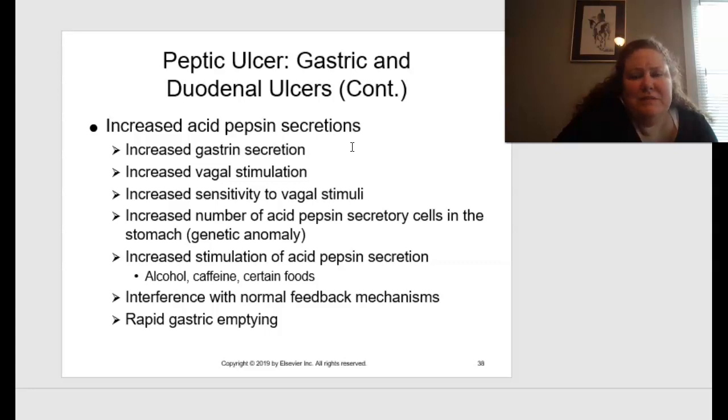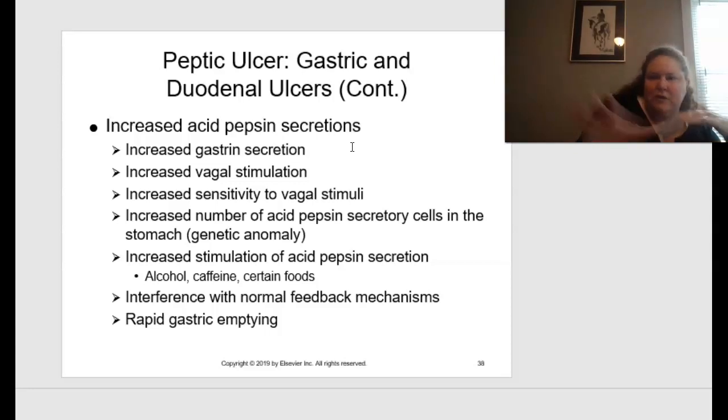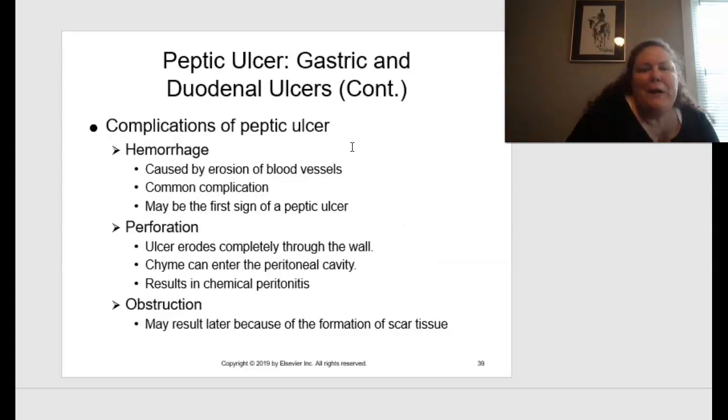Increased number of acid pepsin secretory cells in the stomach, which would be due to a genetic anomaly. Also, increased stimulation of acid pepsin secretion, and these can be stimulated by alcohol, caffeine, and certain foods. Also, it can interfere with normal feedback mechanisms, and this can cause rapid gastric emptying. So basically, things don't sit in your stomach; they just come in the mouth and out the other side, right?